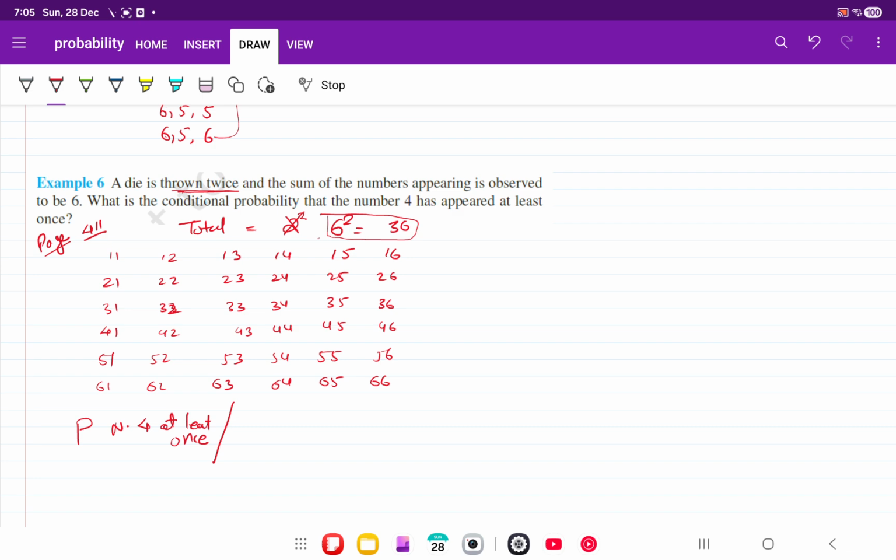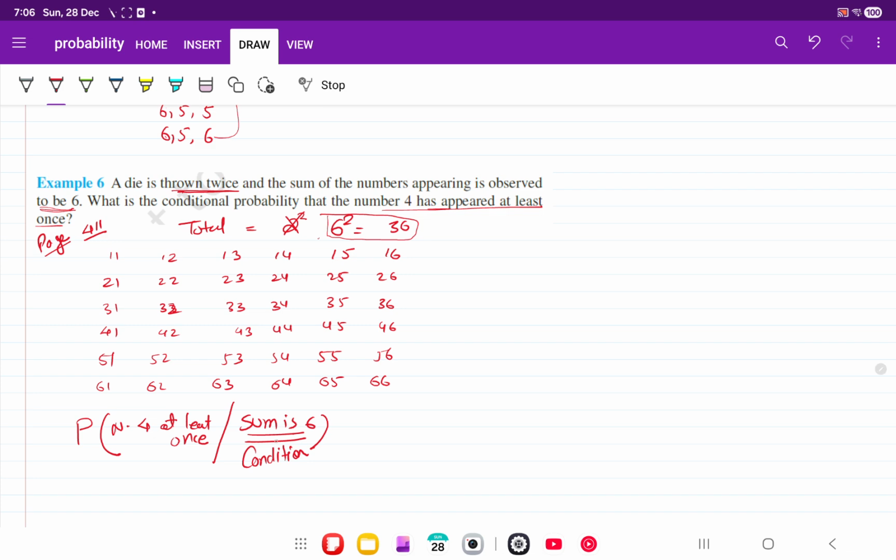The sum of the numbers appearing is observed to be 6. It is observed that the sum is 6. So what is the probability that the number 4 appeared at least once? At least once means once or twice is accepted. Not less than that is accepted.